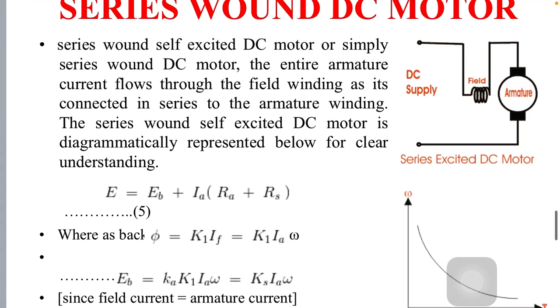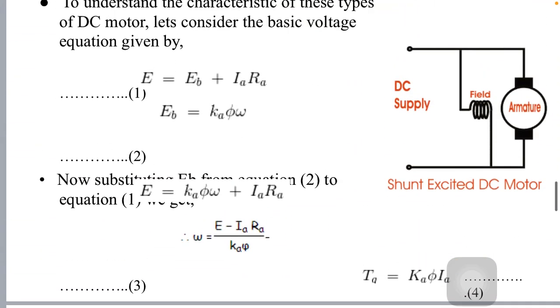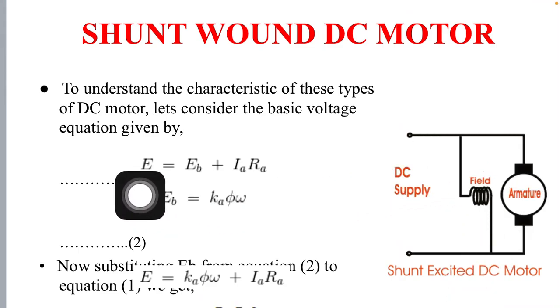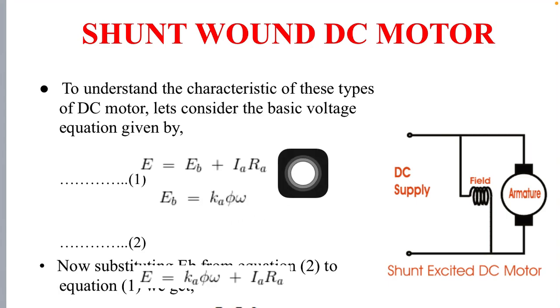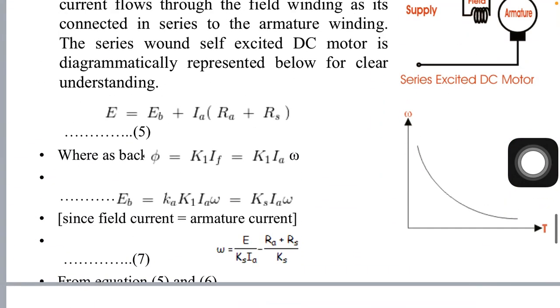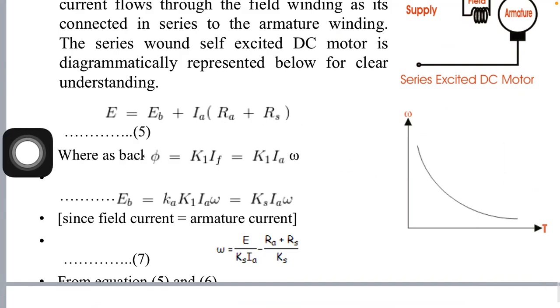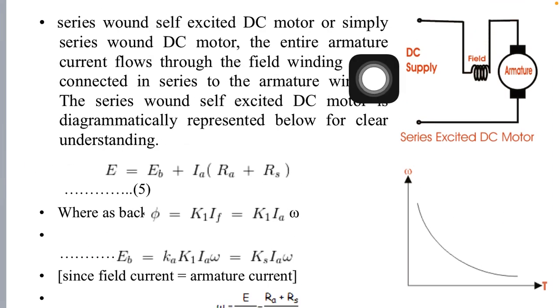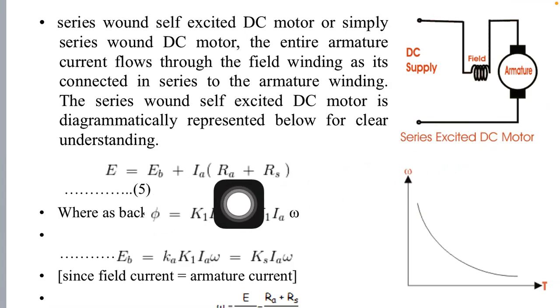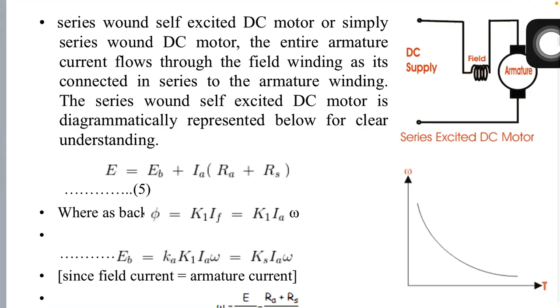In the shunt motor, we consider V is equal to Eb plus IaRa only. In the case of the series motor, both resistances need to be counted. So V is equal to Eb plus Ia in bracket Ra plus Rs, where Rs is the series field resistance.